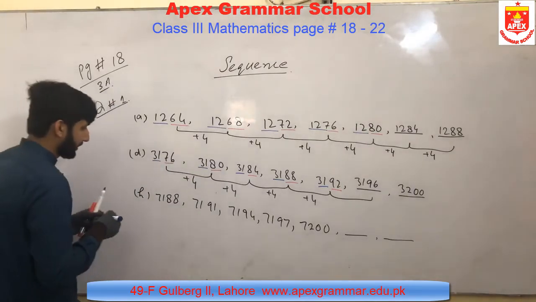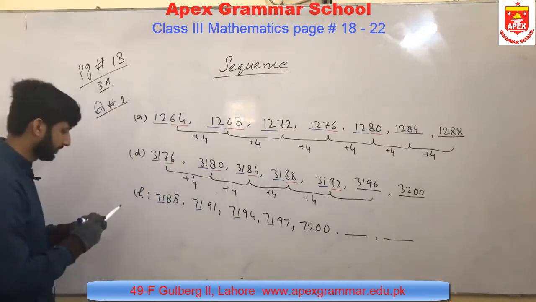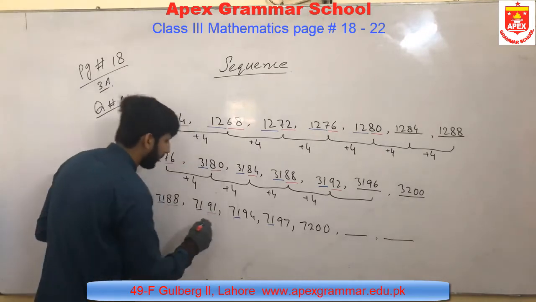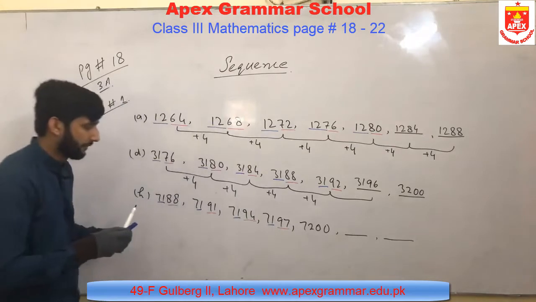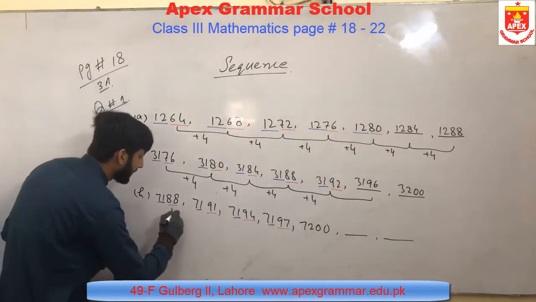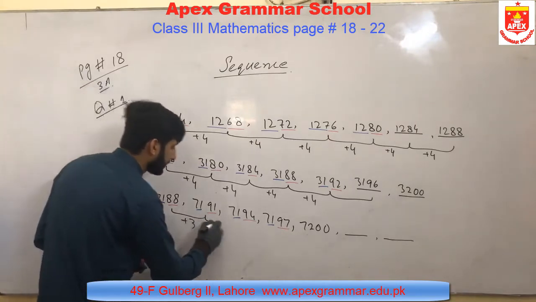In this sequence, the last two digits are 88, 91, 94, 97, and then 7200. 88 plus 3 is 91. So in this I have to add 3 to each term to find out the next.